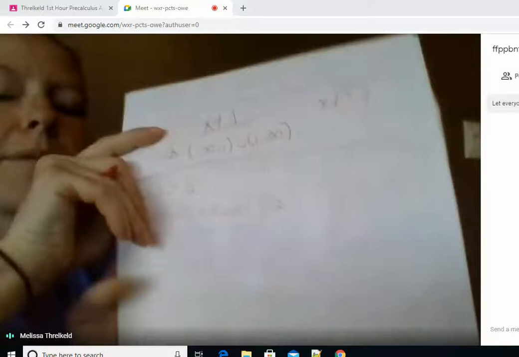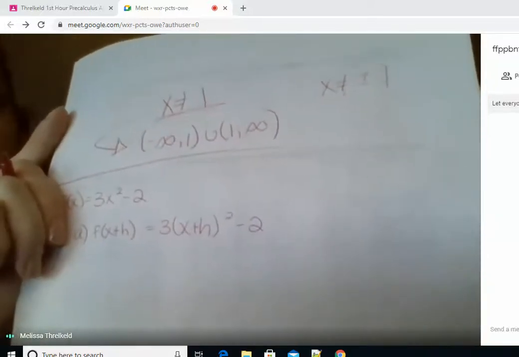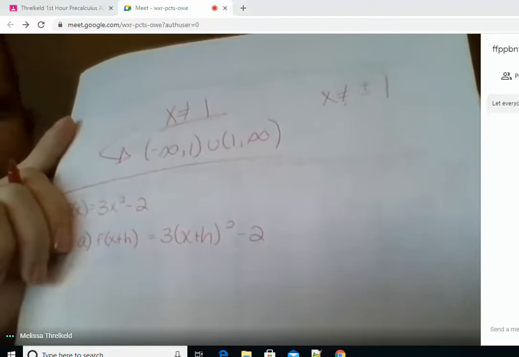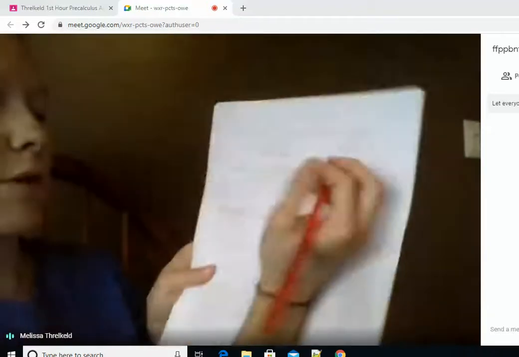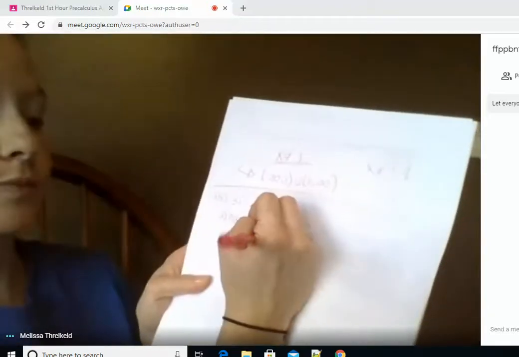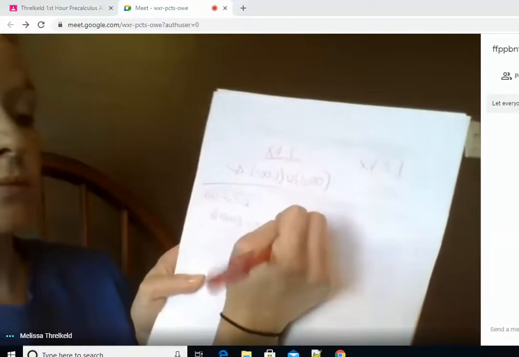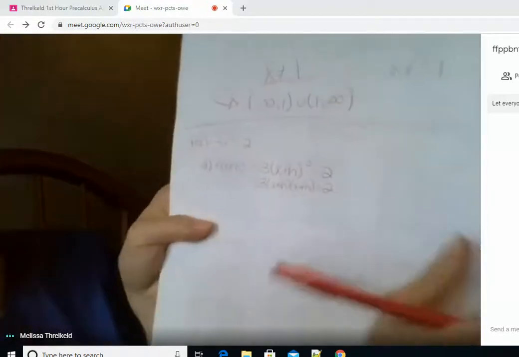Okay, common mistake right here. Can you just distribute that square? No. It's more than one term, so if I'm going to square that parenthesis, you have to write it twice in FOIL. Okay.